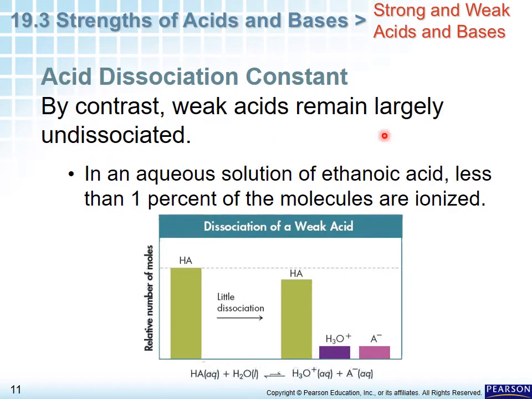By contrast, a weak acid remains largely undissociated. It remains the same like this. Only less than 1% is going to dissociate. So in an aqueous solution of ethanoic acid, less than 1% of molecules are ionized. So incomplete ionization happens. That's why it's called a weak acid.